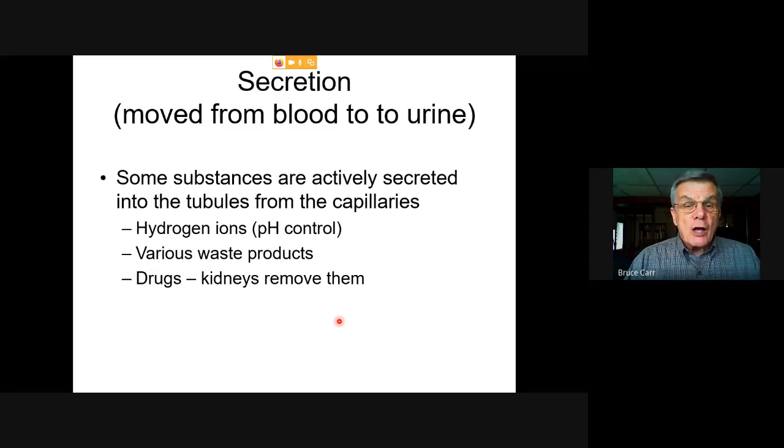The pH of the blood is pushed in the negative direction. One of the things the kidneys can do is move hydrogen ion from the blood directly into the urine. It's why the urine is one of our more variable fluids, is this situational transport that we call secretion, moving things into the urine stream.